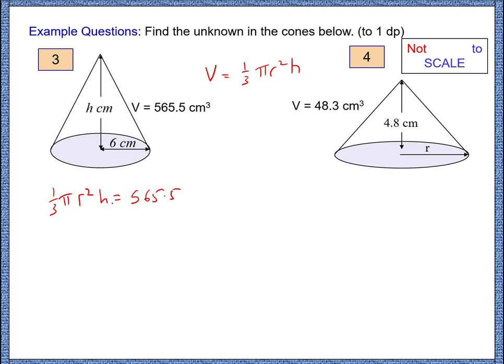Now the 3, I can bring it up on the other side, so it is pi times the radius, 6, squared, times the height, h, which we don't know, equals 565.5 times 3. So h is going to be equal to 565.5 times 3 divided by pi times 6 squared. We can put all of that in the calculator using the fraction button, and you should work that out as 15 centimeters.